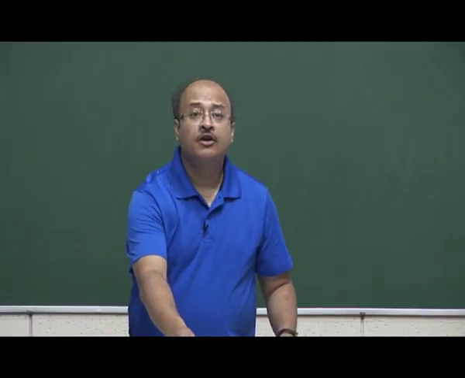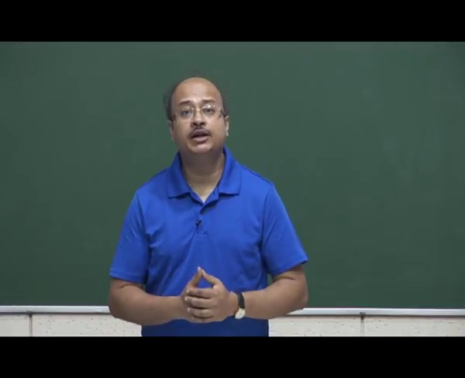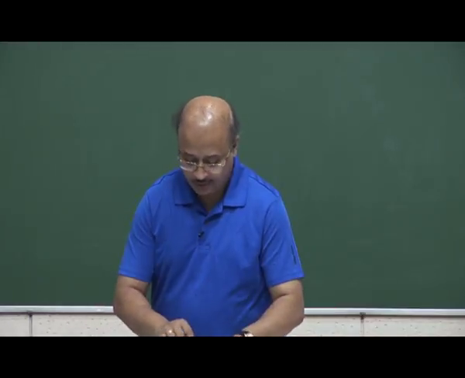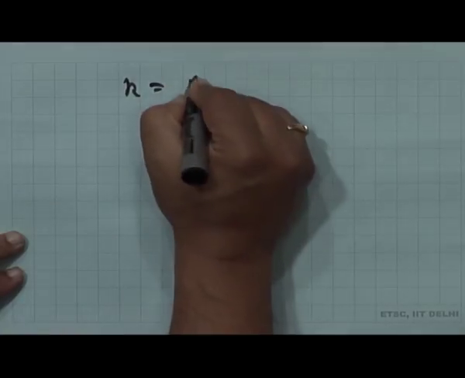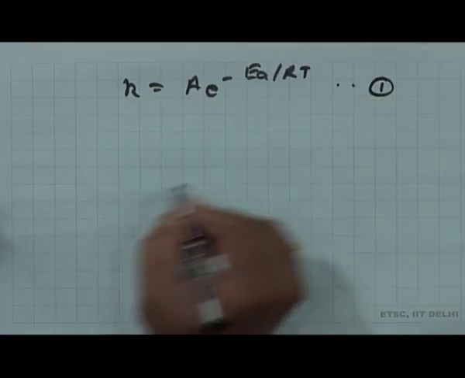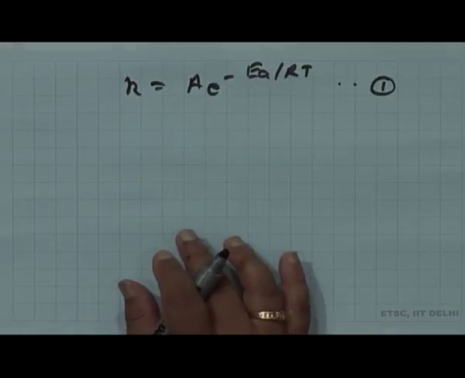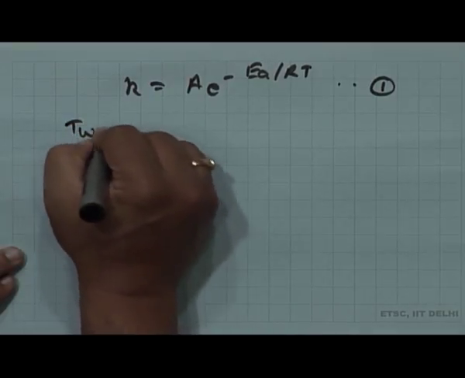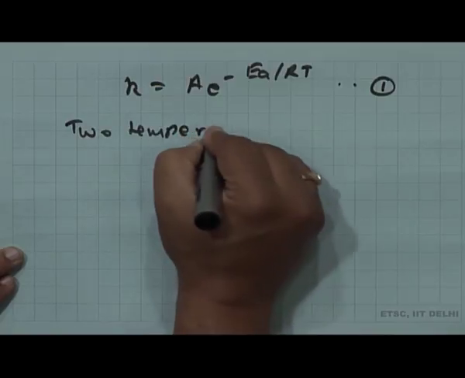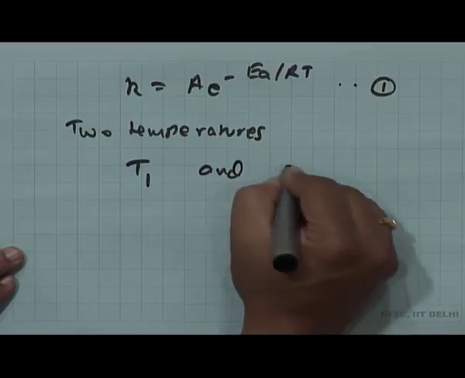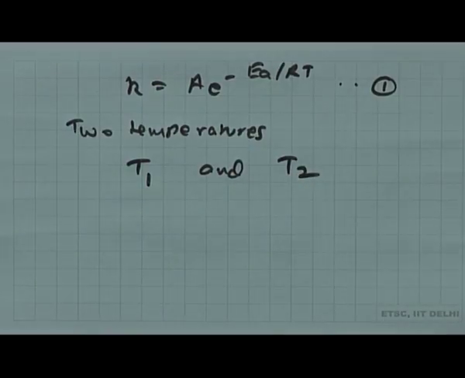Can we look at some mathematical interpretation of the same? We will start with our equation k is equal to A e to the power minus EA over RT. This was equation 1. Now let us take two temperatures, T1 and T2, both in Kelvin.